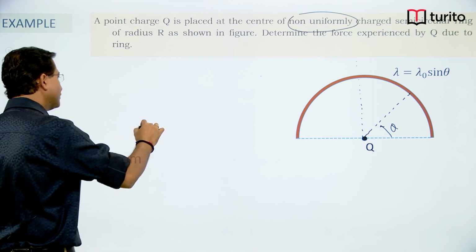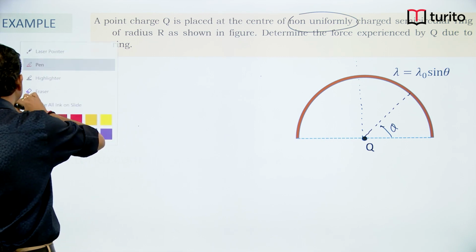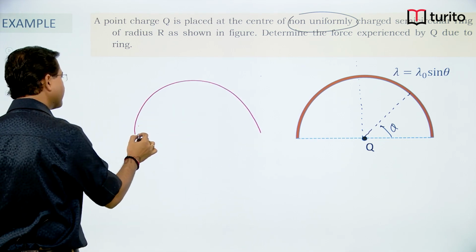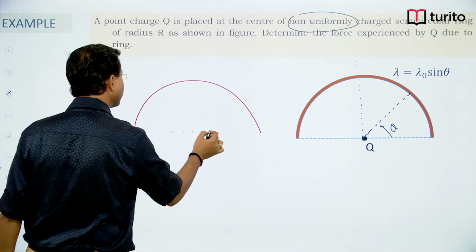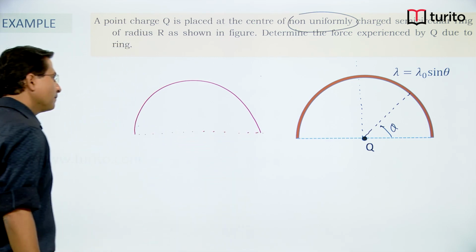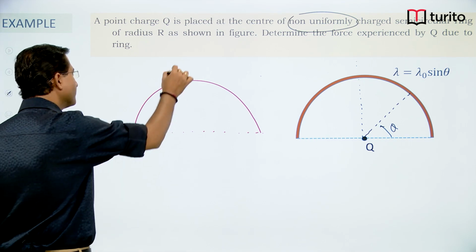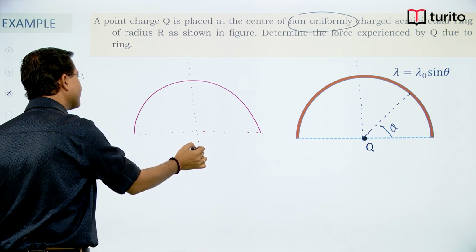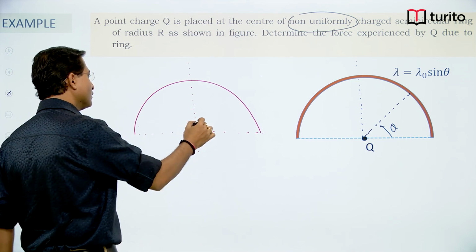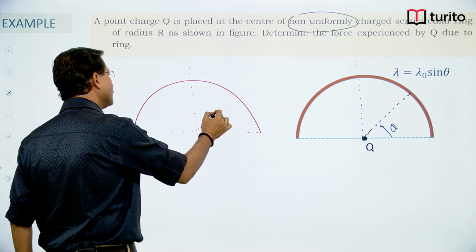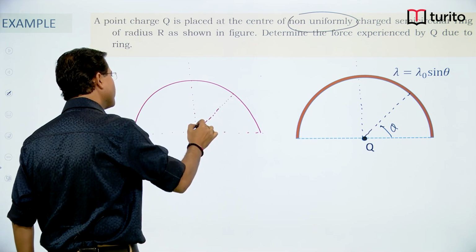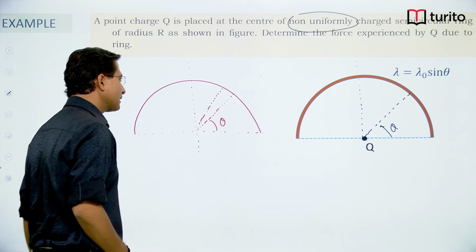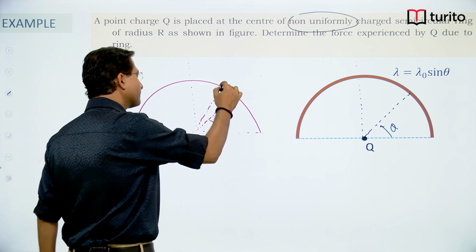So let us first try to find out the field produced by the ring at the center. Here this angle is theta, and I am taking a small segment here.